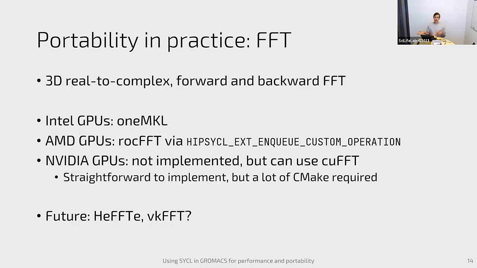We obviously have cuFFT for NVIDIA and rocFFT for AMD, but they require using interoperability to mix the native GPU libraries and SYCL libraries. And it also was one of the reasons we had to do a lot of CMake scripting, because we had to find the correct library locations when we are using, say, SYCL or Intel.